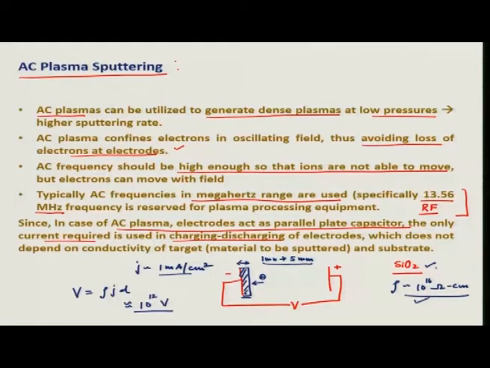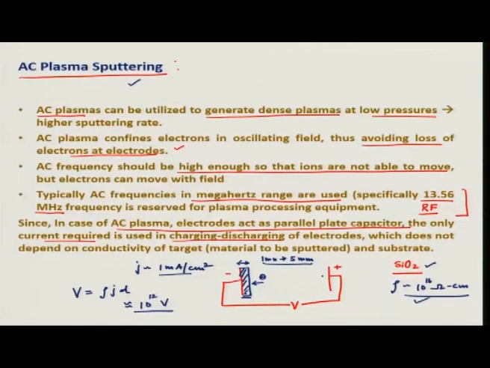The similar thing happens at the anode when the SiO2 film is being deposited; it becomes insulating. So, there is no way to flow current between these two plates. How do we overcome this problem using AC plasma? It is because in AC plasma, everything here behaves as a dielectric.